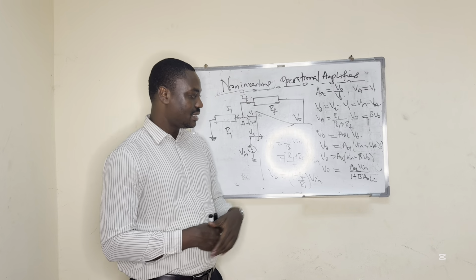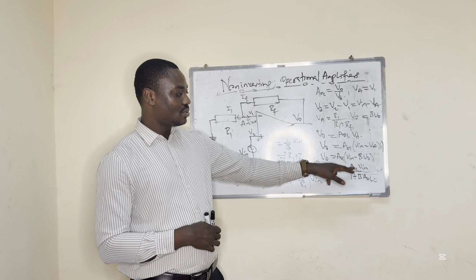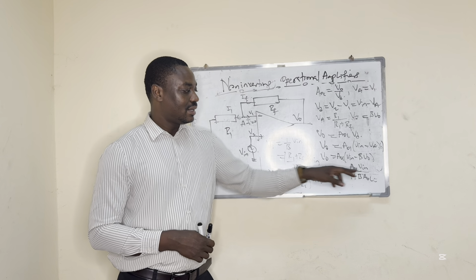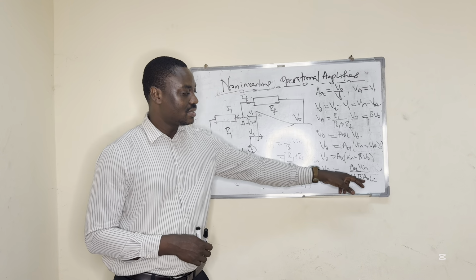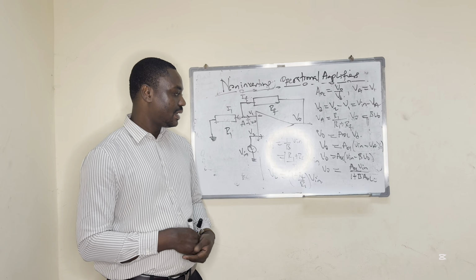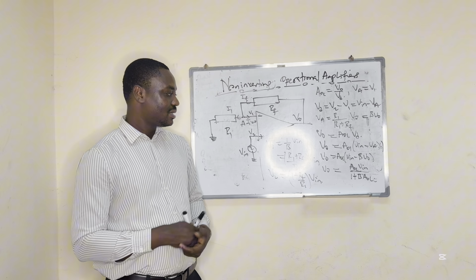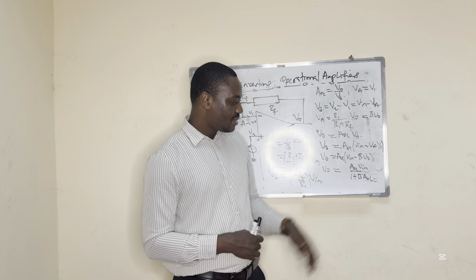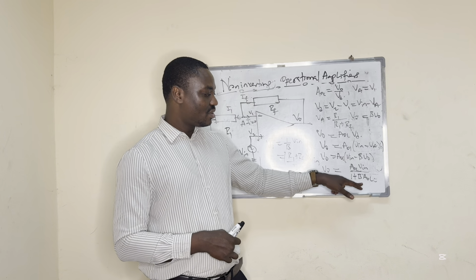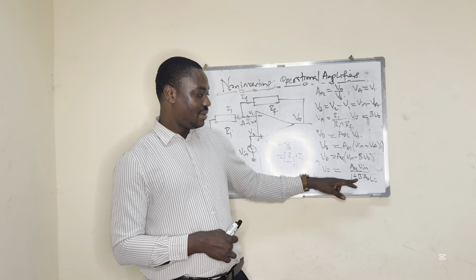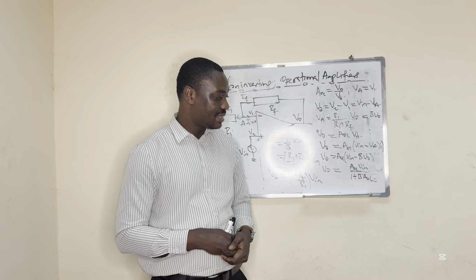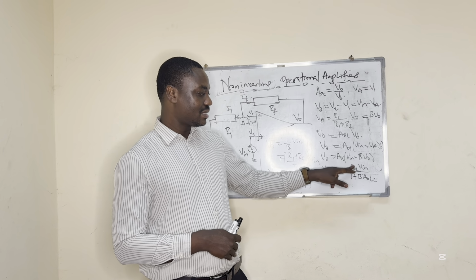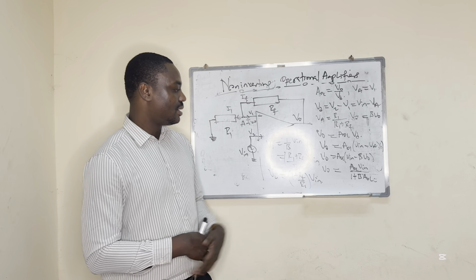We do the replacement, and we realize the output voltage will be equal to the open loop voltage gain times Vin over 1 plus beta times the open loop voltage gain. Using our understanding of mathematics, if the open loop voltage gain is an infinite value, the 1 plus an infinite value becomes insignificant. So we just have beta times the open loop voltage gain, which will cancel, and we just have Vin over beta.